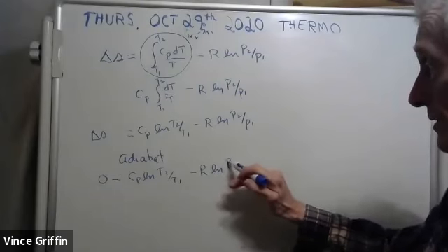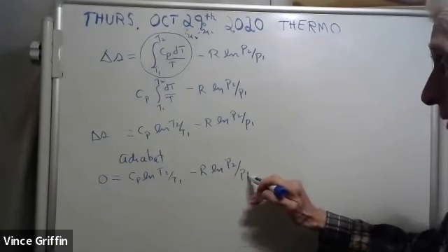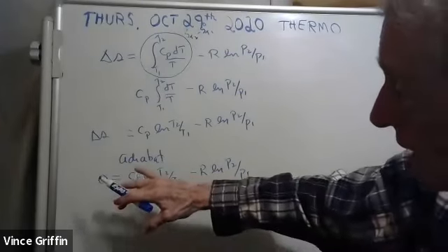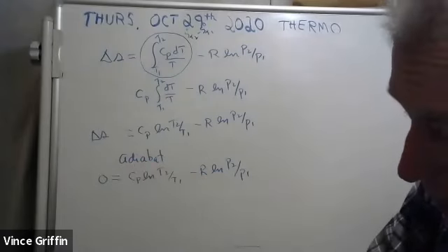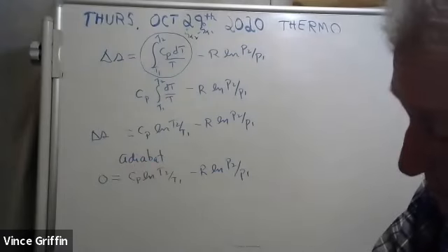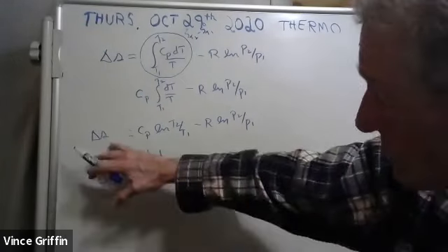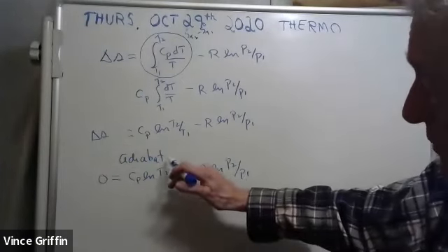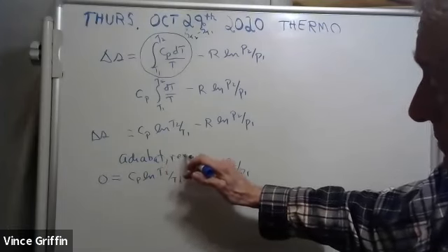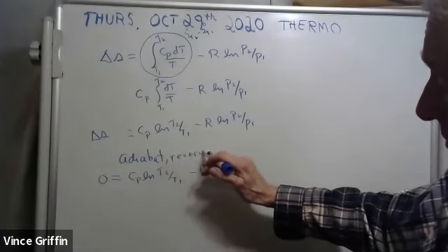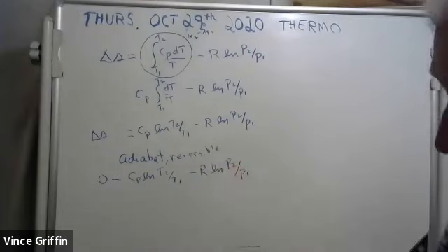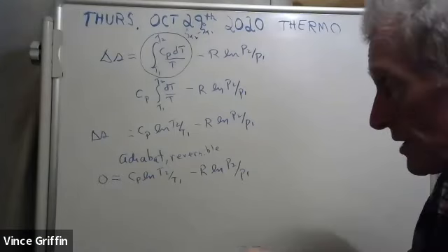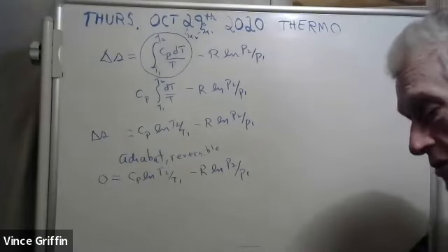We'll show it to you here in a little while. But if you have an adiabatic process, the change in specific entropy is going to be 0. It's got to be reversible too. But if you have an adiabatic reversible process, the specific entropy change is 0.